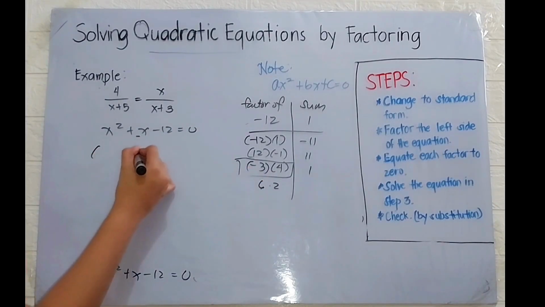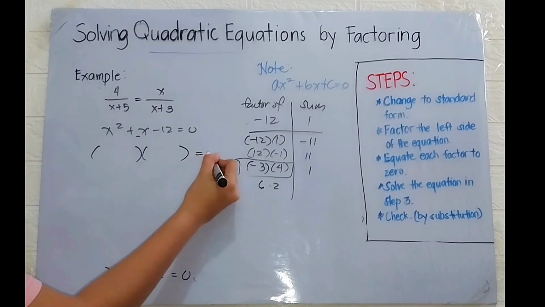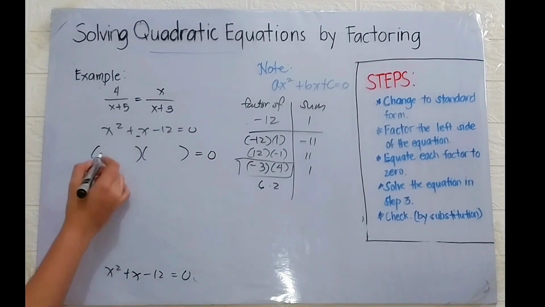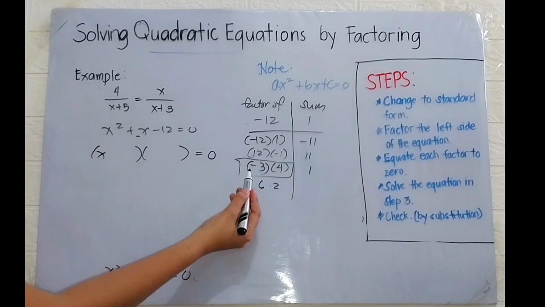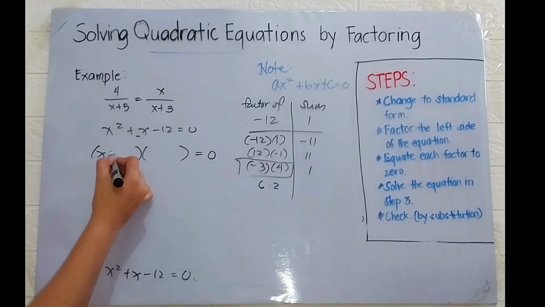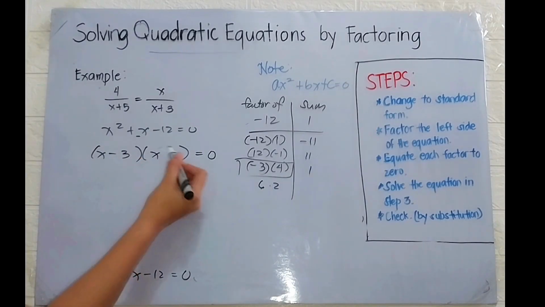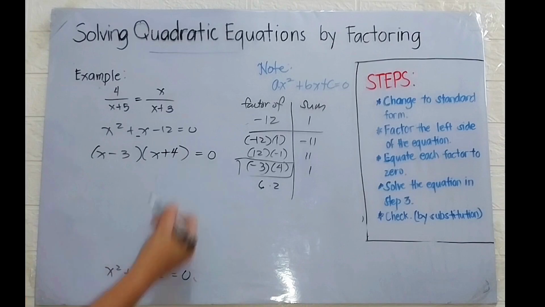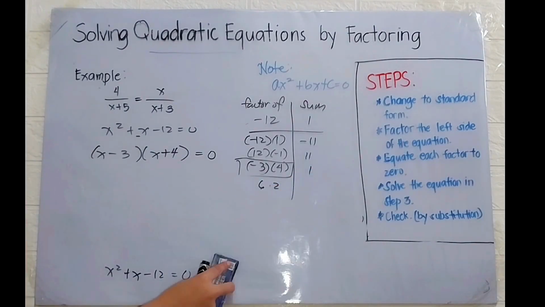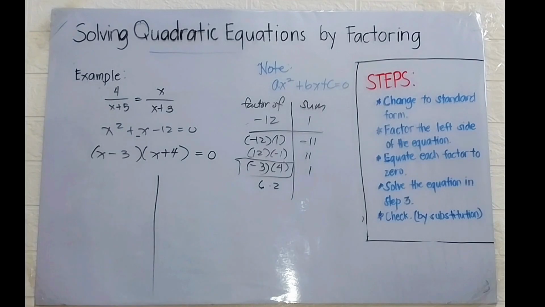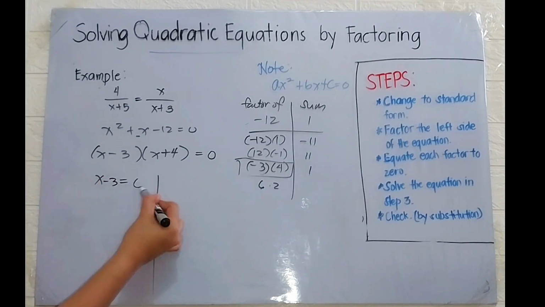So, copy. Again, lagay lang tayo ng dalawang parentheses equals to 0. Since the variable used is x, get the sign also, x minus 3, and then x positive 4. We're done with factoring. Let's now equate each factor to 0. The first factor is x minus 3, equate it to 0.